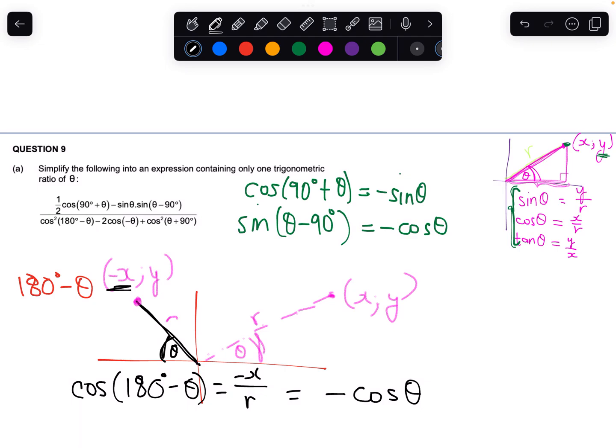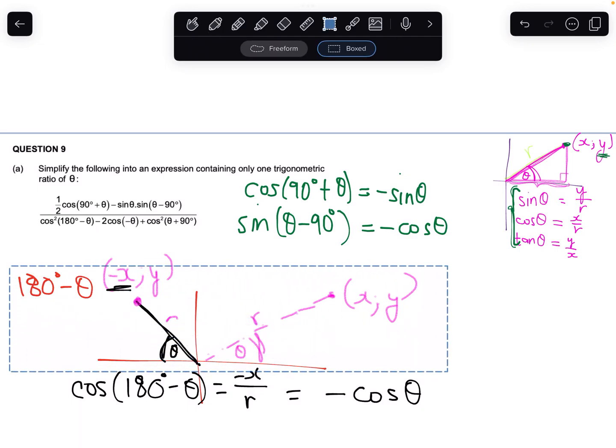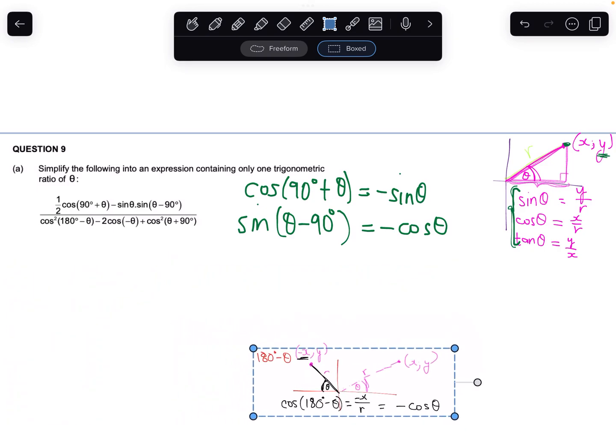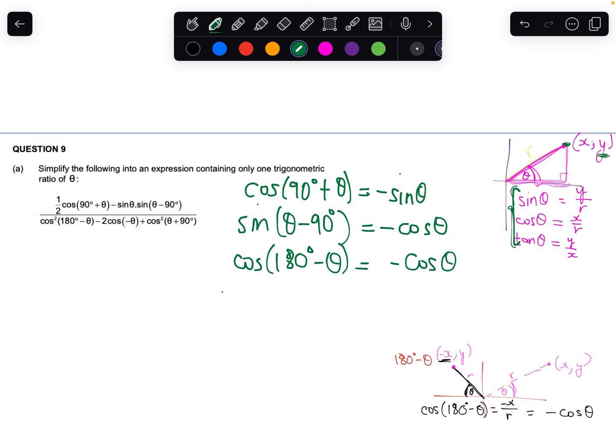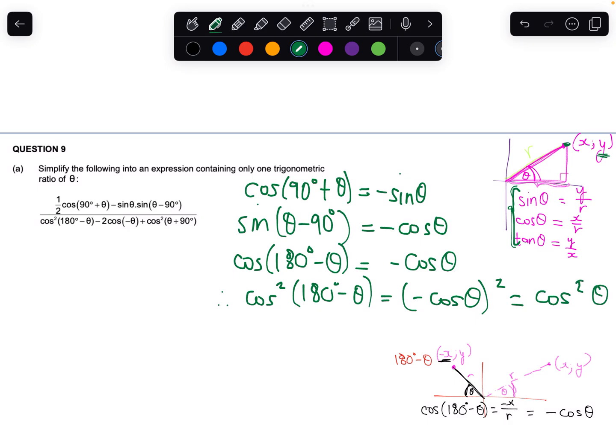Right, okay, so let's shrink that and note it. So cos of 180 minus theta is equal to negative cos theta, and therefore cos squared of 180 minus theta will just be minus cos theta squared, which would just be positive cos squared theta. Okay, right.